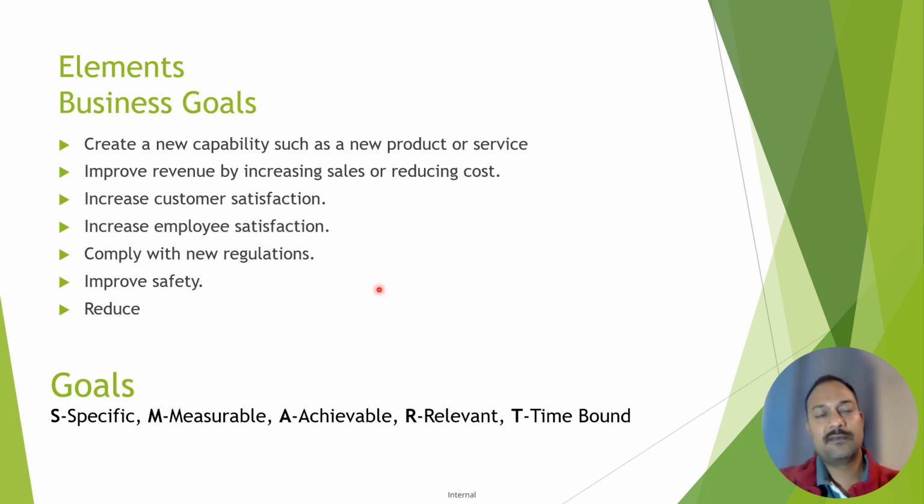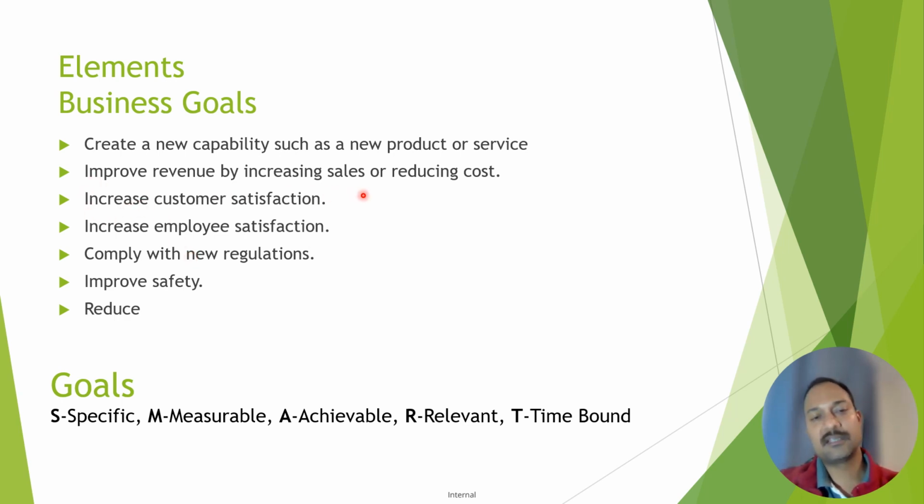These are the elements you have to remember for defining future states. Business goals. A business goal is an objective to create a new capability, such as a new product or service, or to improve revenue by increasing sales or reducing cost. You might now be able to relate this to the first slide where I showed you point A to point B, current state, future state, and the different goals and objectives, and there you can relate the business requirement.